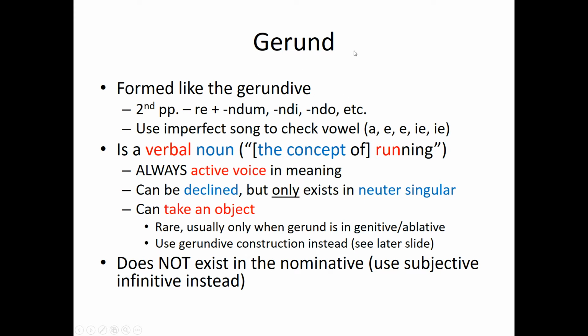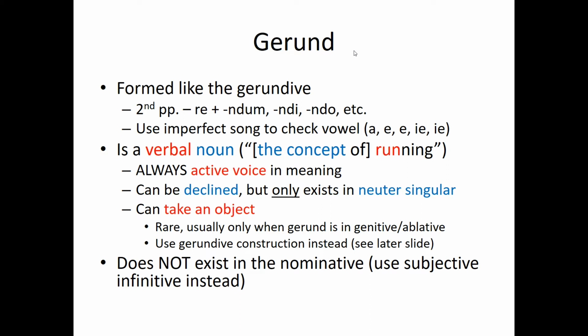But the gerund is exactly the same as the gerundive formation-wise. While the gerundive was a verbal adjective, the gerund is a verbal noun. And it basically equates to, in English, when we use ing to make a verb into a noun. So run becomes running, or like the concept of running, the act of running.